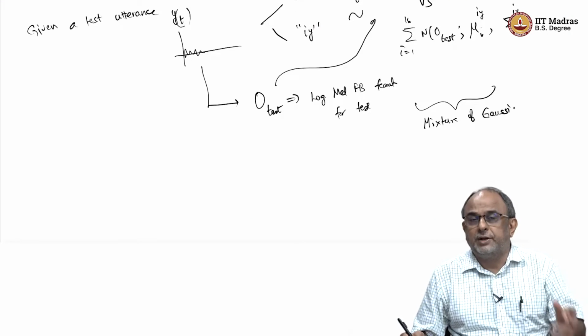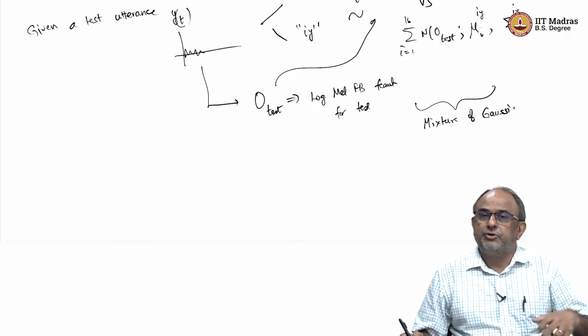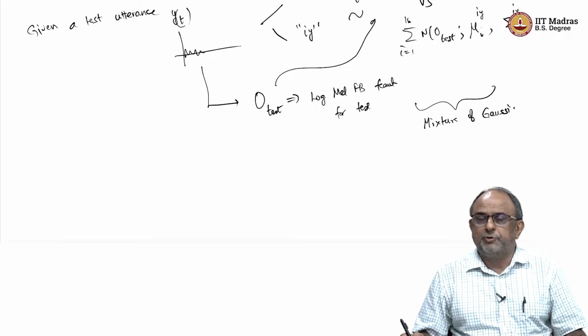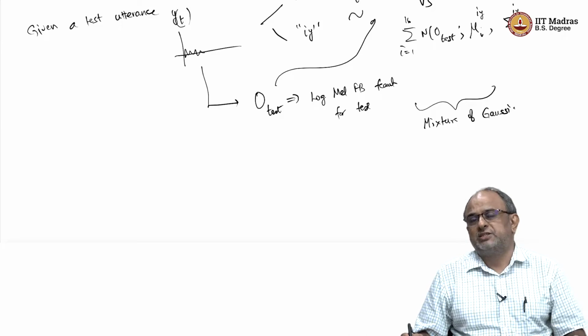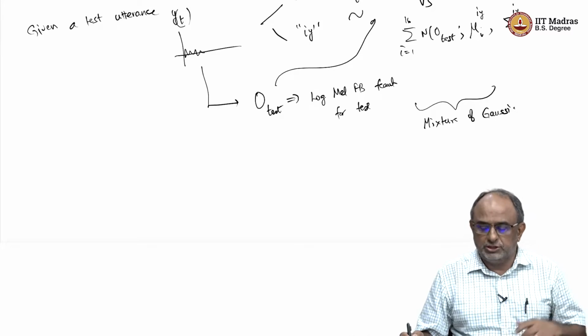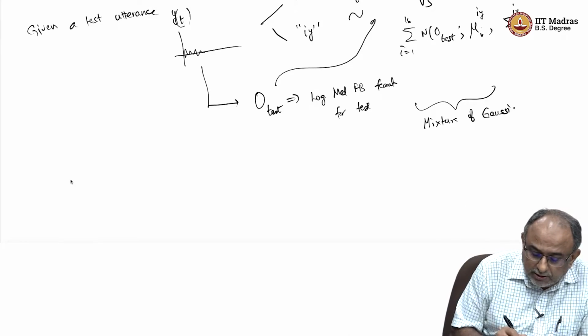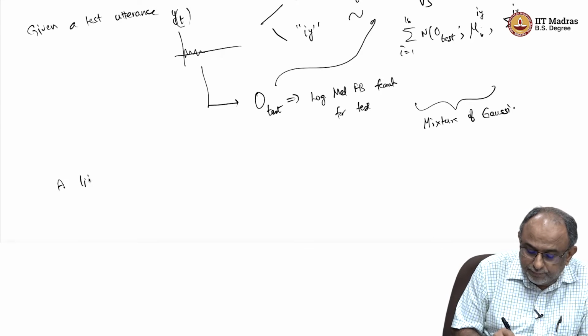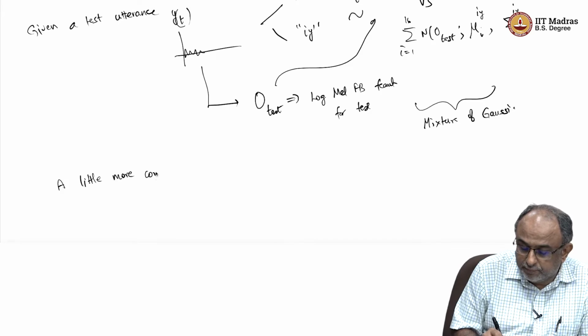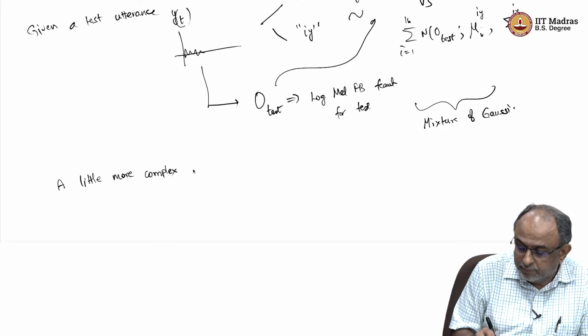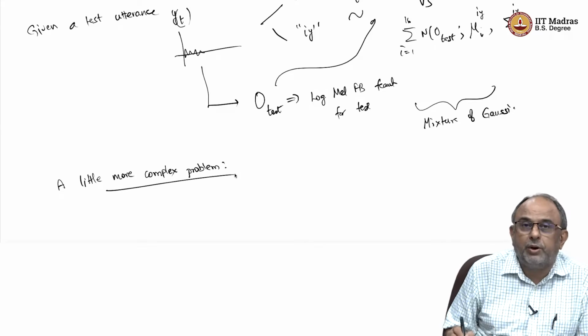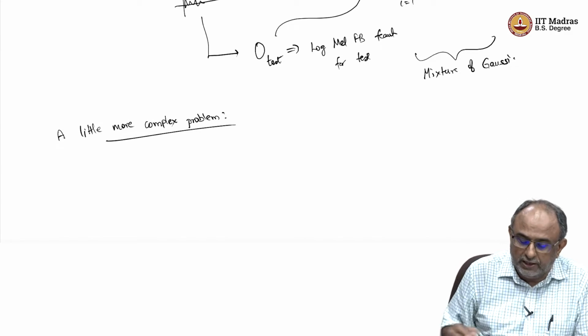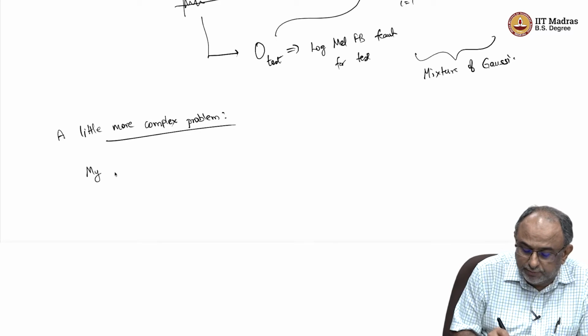Now I complicate the matter a little more. Now take another language I come up with, where there are only two words that I speak, yes and no, that's all. So now a little more complex problem, where my vocabulary, my language, has only two words.